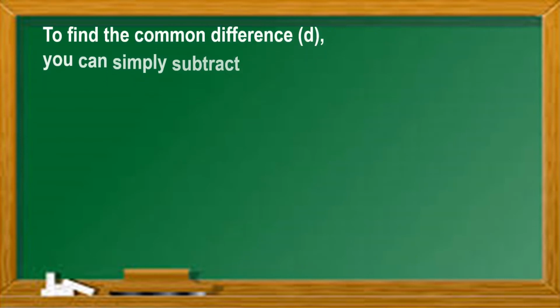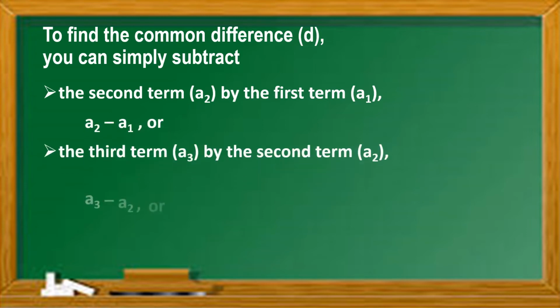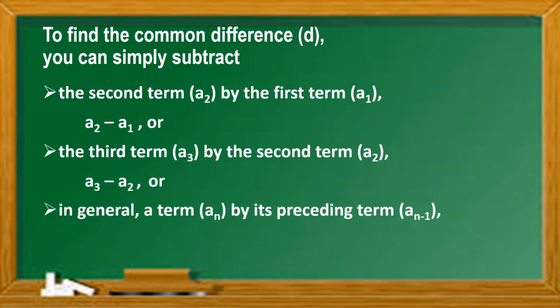To find the common difference, d, you can simply subtract the second term a sub 2 by the first term a sub 1, or the third term a sub 3 by the second term a sub 2, or in general, a term a sub n by its preceding term a sub n minus 1. So it is written as d equals a sub n minus a sub n minus 1.